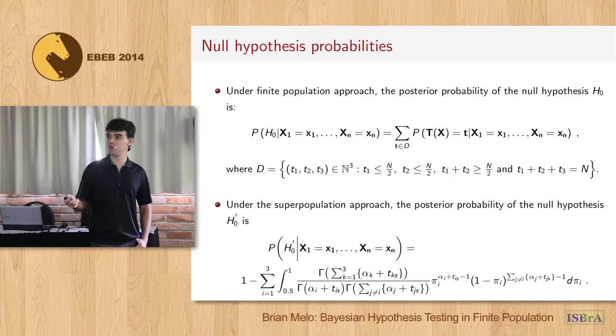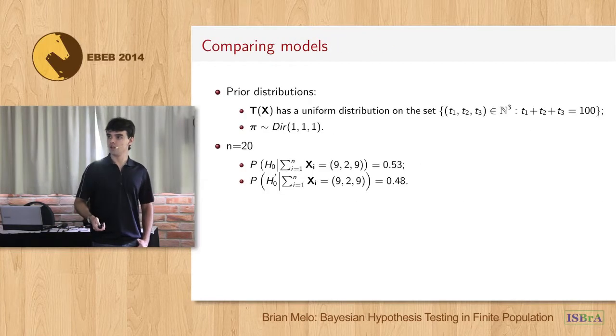Under the finite population approach, the probability of H0 is given by this expression, and under the superpopulation model it is given by this expression. We can calculate this using the marginal distributions of the vector π. Here we consider the same scenario as before, a population of 100 units, and basically uniform distributions as priors.